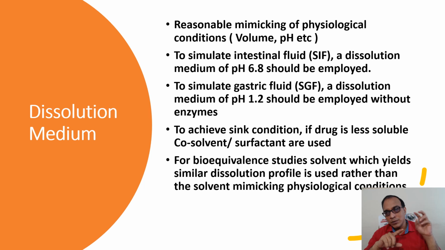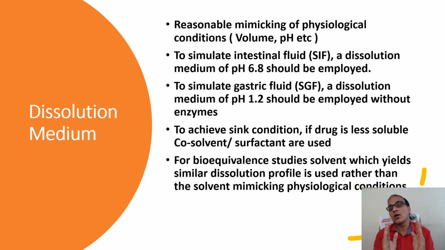In the same dissolution media, for your standard drug, for which you want to make a copy, the response would be the same. So we will try to maintain the equivalence. We will take a particular dissolution media which can show a similar dissolution profile for the standard drug as well as your own copy drug which you have prepared.